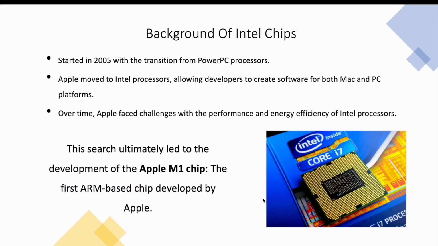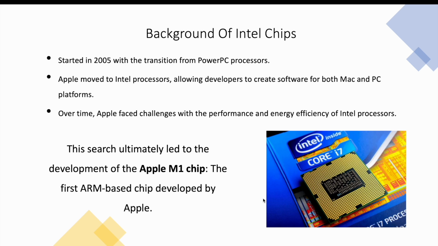Now let's go through each of these. We'll start with the background of Intel chips. Intel chips were adopted in 2005, when Apple transitioned from the PowerPC processors. Apple moved to Intel processors, which allowed developers to create software for both Mac and PC platforms. This move was significant for Apple as it allowed the company to use the same processors as the majority of other PC manufacturers.